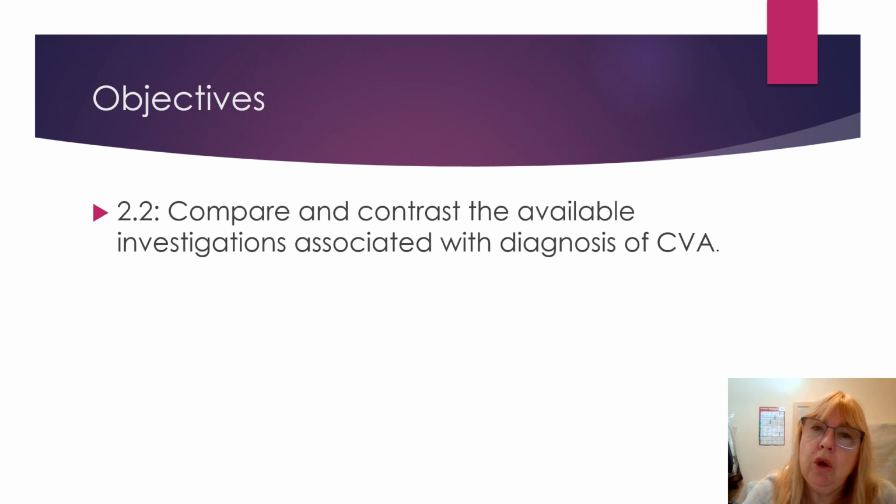For your assignment, you need to compare and contrast. That means you need to take at least two of them and compare them to each other and show what the differences are. We'll look at that a little bit towards the end of the slides.